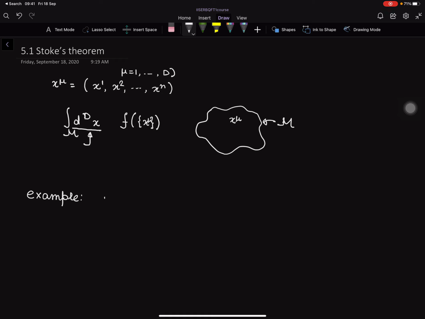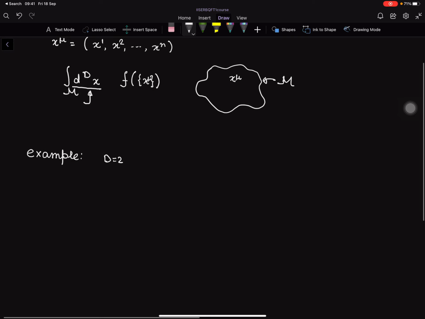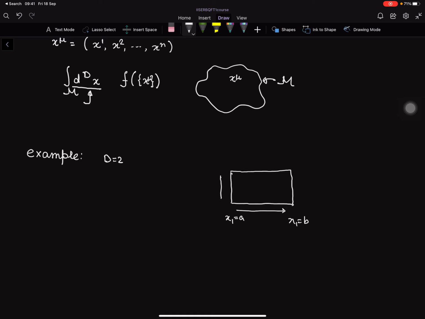Let's say we are interested in 2-dimensional variables, and let's say we want to integrate over a region which is rectangular in shape. So this is the x1 direction, which runs from A to B, and this is the x2 direction, which runs from C to D, let's say.